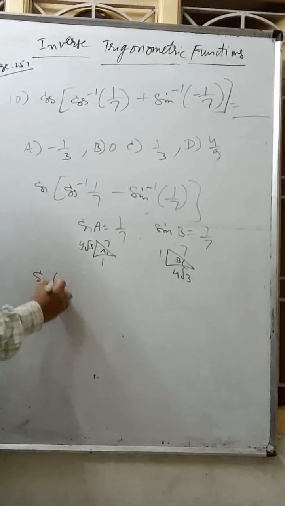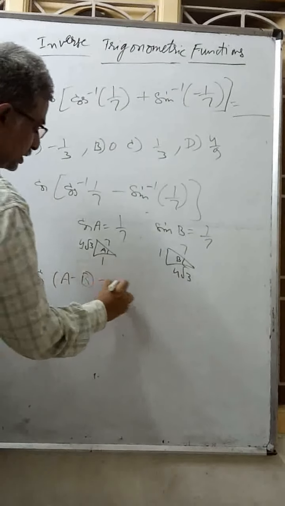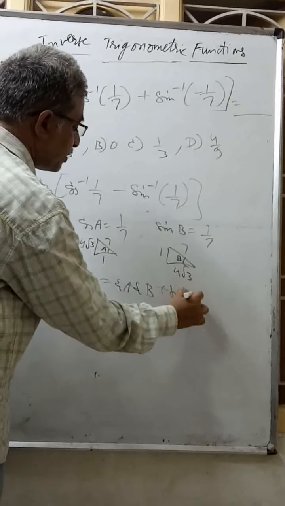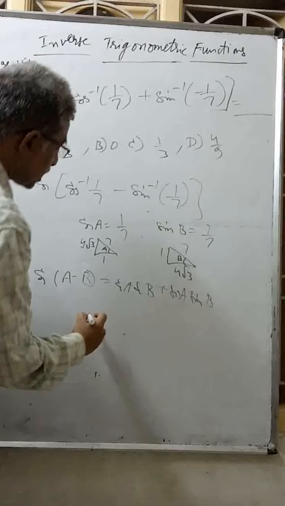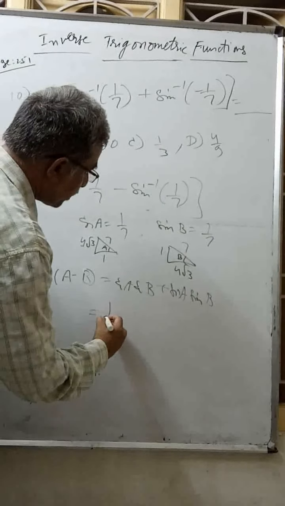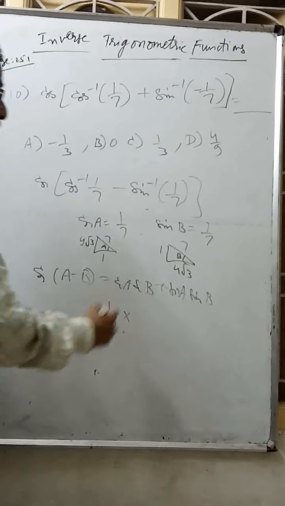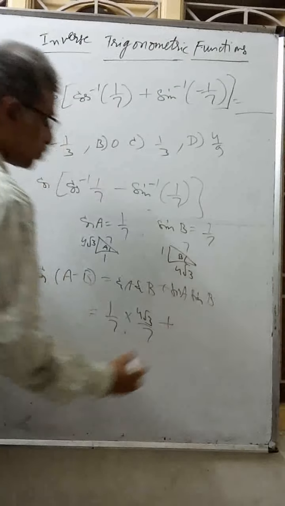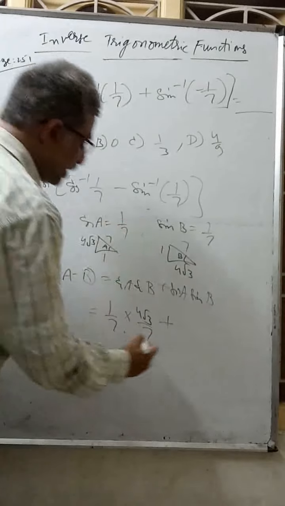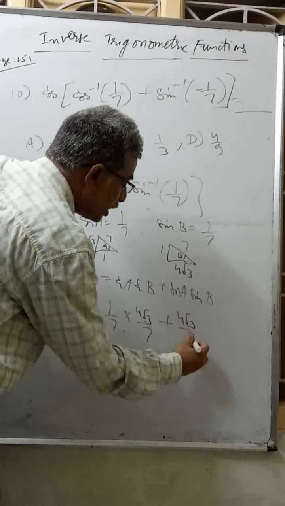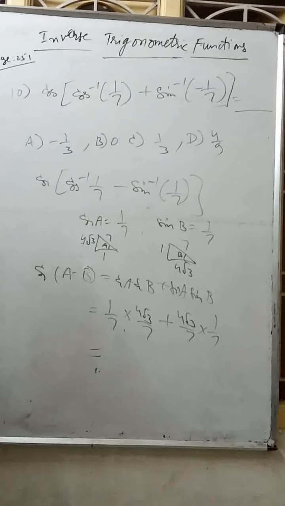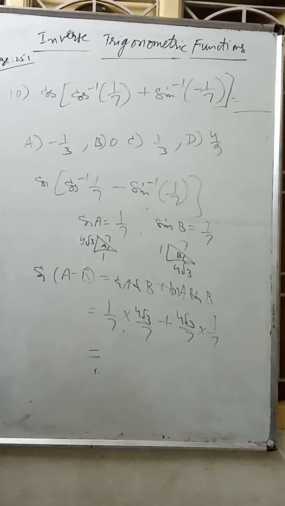So what I need is cos of A minus B, which is nothing but cos A cos B plus sin A sin B. So what is cos A? Cos A is 1 by 7, into cos B, which is 4 root 3 by 7, plus sin A, which is 4 root 3 by 7, into sin B, which is 1 by 7. So it becomes 4 root 3 plus 4 root 3, 8 root 3.